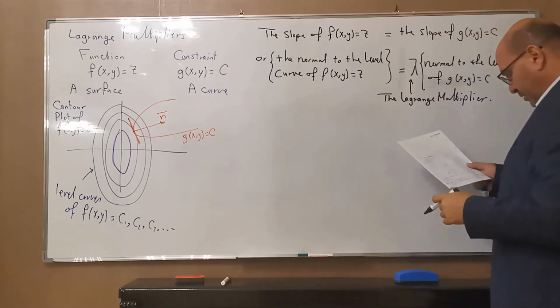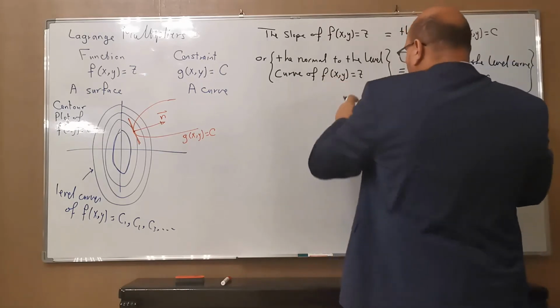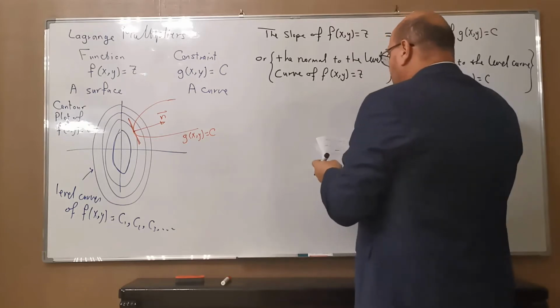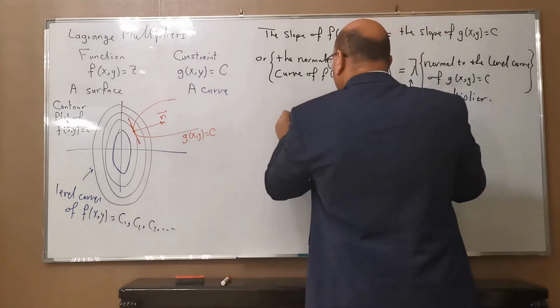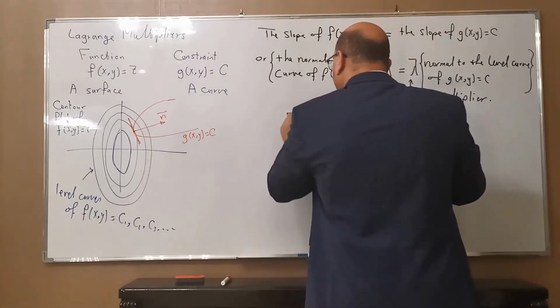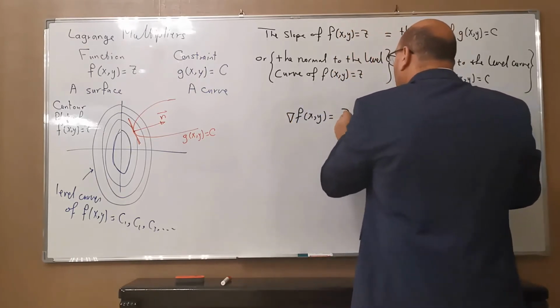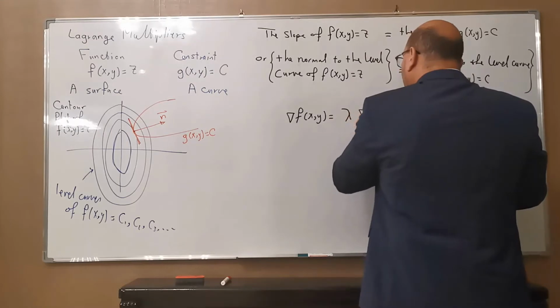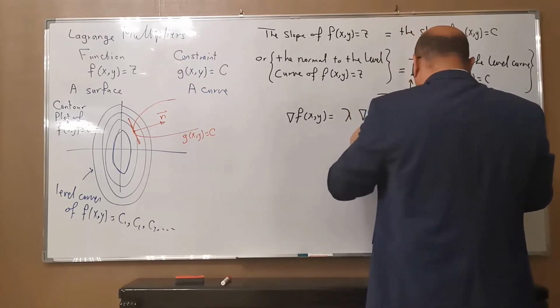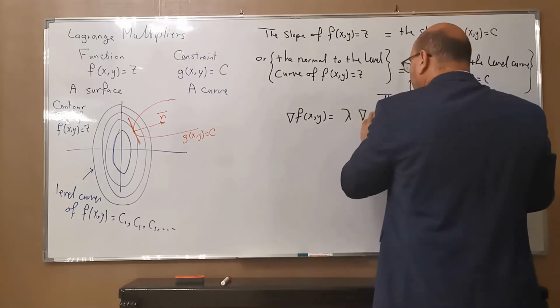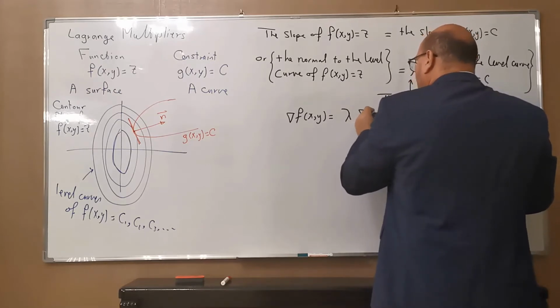The Lagrange multiplier. Okay, what is the normal to the level curve in mathematics? It's the gradient. So in other words, we can say that the gradient of f of x and y is equal to lambda times the gradient of g of x and y.